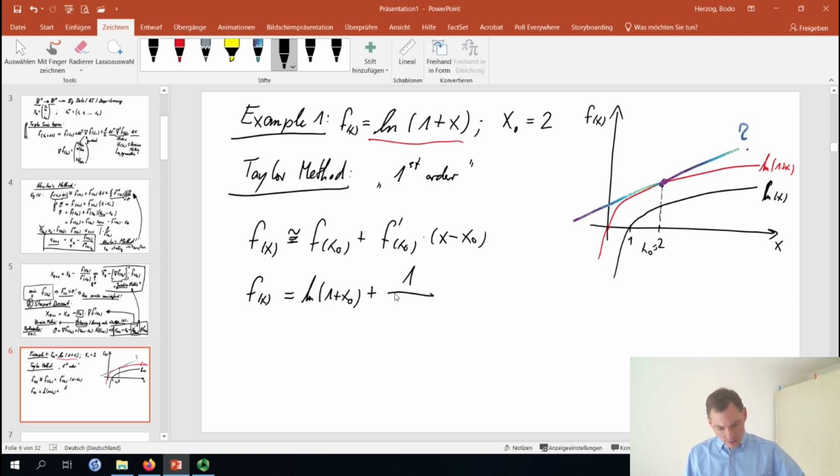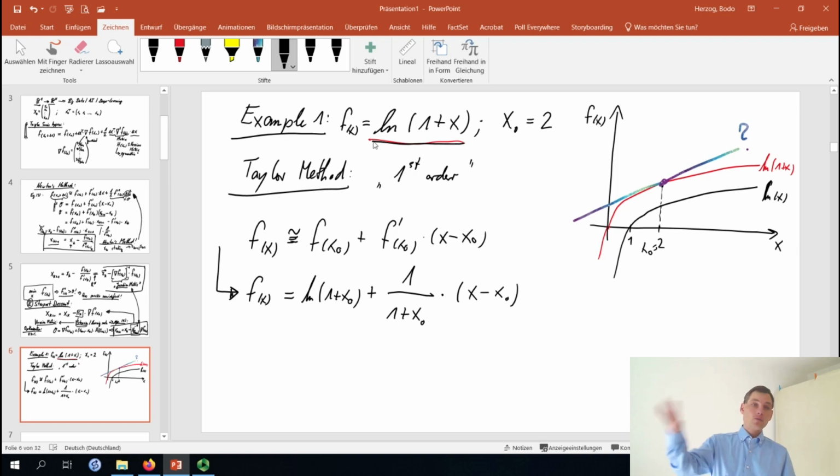It's 1 over 1 plus x, here evaluated at x0, plus the inside derivative, which is, of course, 1 in this case, and then we have, of course, x minus x0. Well, that is the Taylor rule. Here we have used the Taylor rule for my function ln of 1 plus x.